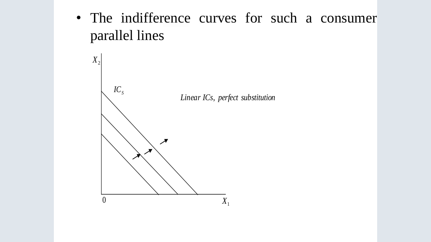You are reducing by 1 unit, you are increasing by another 1 unit. That is what we refer to as constant rates. So along the same indifference curve, the rate of substitution is constant, and the rate of substitution, we said, is simply the slope of the indifference curve.